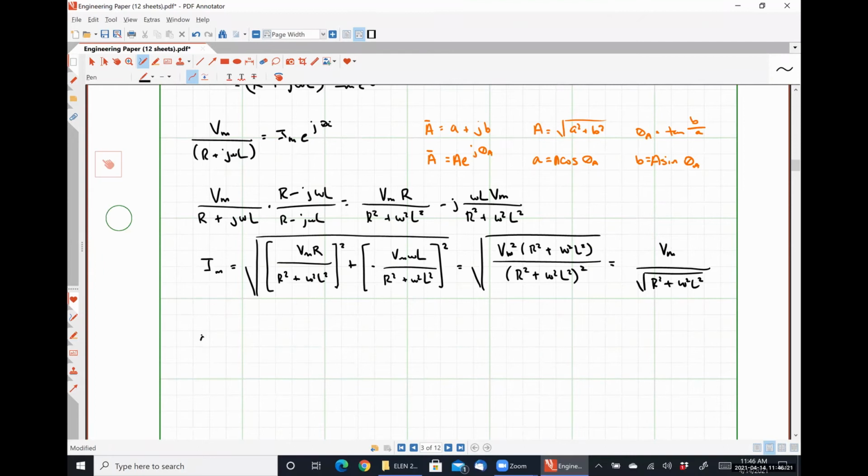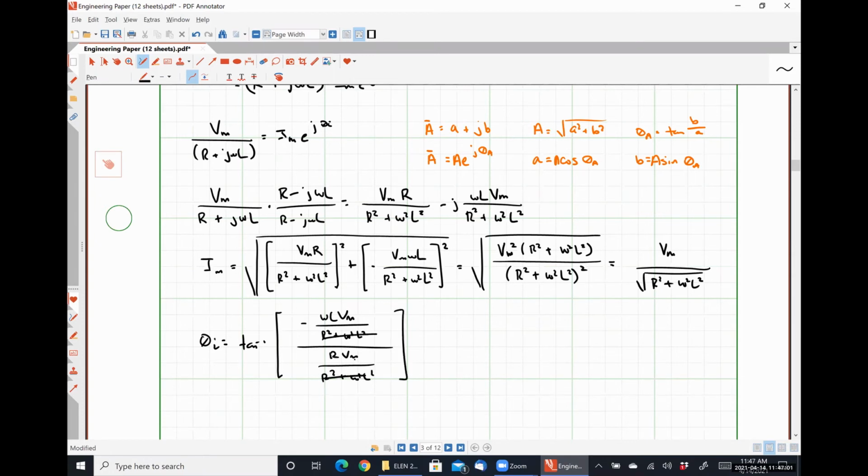And my angle, theta I, is the arctangent of B over A. So that would be negative omega L Vm over R squared plus omega squared L squared, divided by A, which is R times Vm divided by R squared plus omega squared L squared.